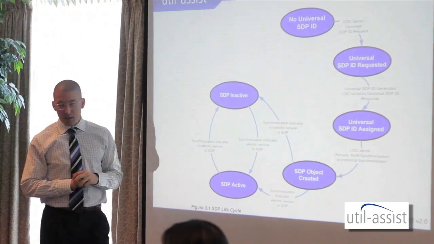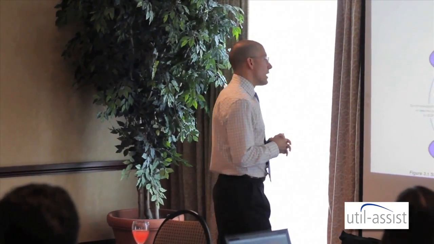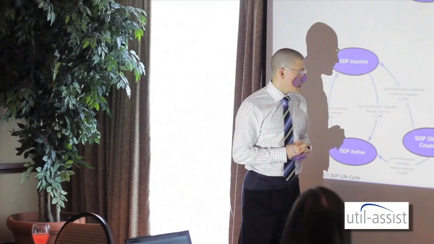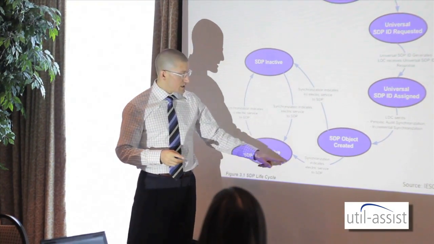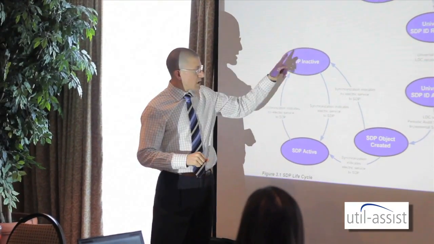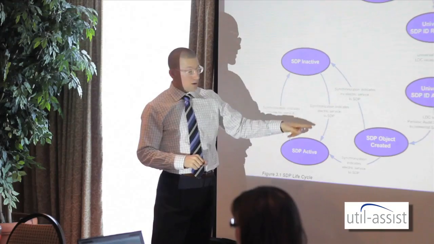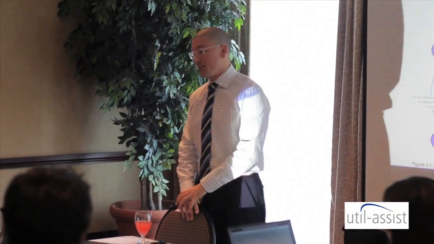You've now sent this minimum set of attributes, and they know a little bit about that USDP ID. If your sync file indicates electric service to the SDP, then the SDP is active. And then you possibly go through this cycle of the SDP being active and inactive.